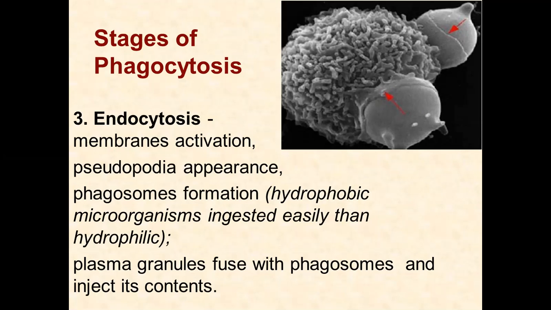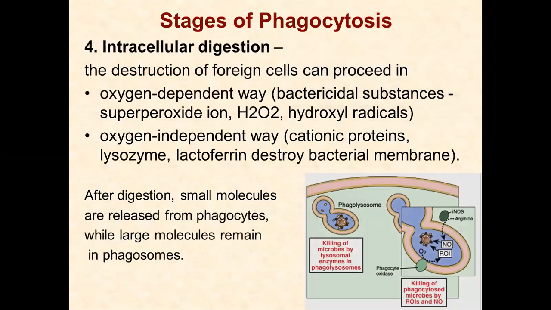And remember that hydrophobic microorganisms are ingested more easily than hydrophilic. And then plasma granules fuse with phagosomes and inject their content. And these granules mostly contain enzymes and some bactericidal substances.